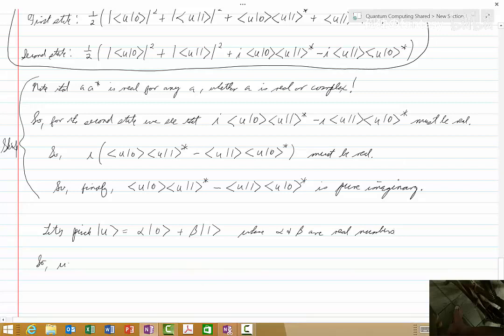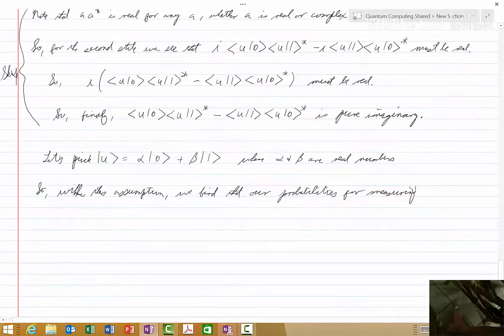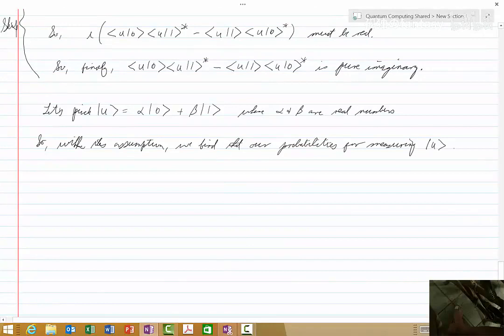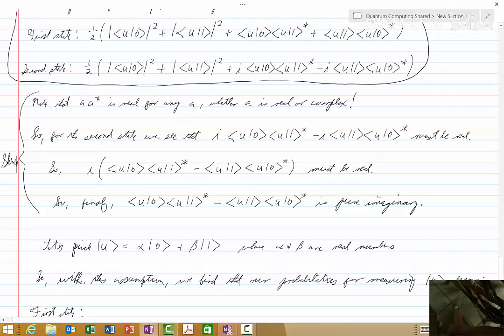So, with this assumption, we find that our probabilities for measuring U become, for the first state, here's the first state, and now we're going to have the U ket to be alpha times the 0 ket plus beta times the 1 ket.